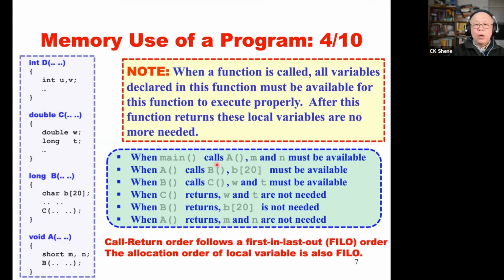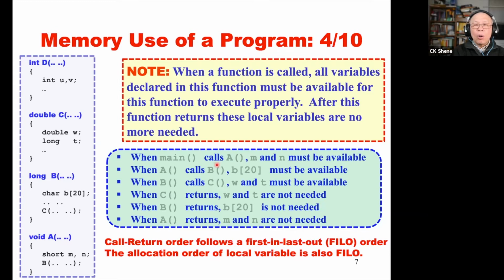When B calls C, W and T declared in C must be available. When C returns, W and T are no more needed. When B returns to A, the character array will not be needed. When A returns, m and n are not needed. So did you find something very interesting?